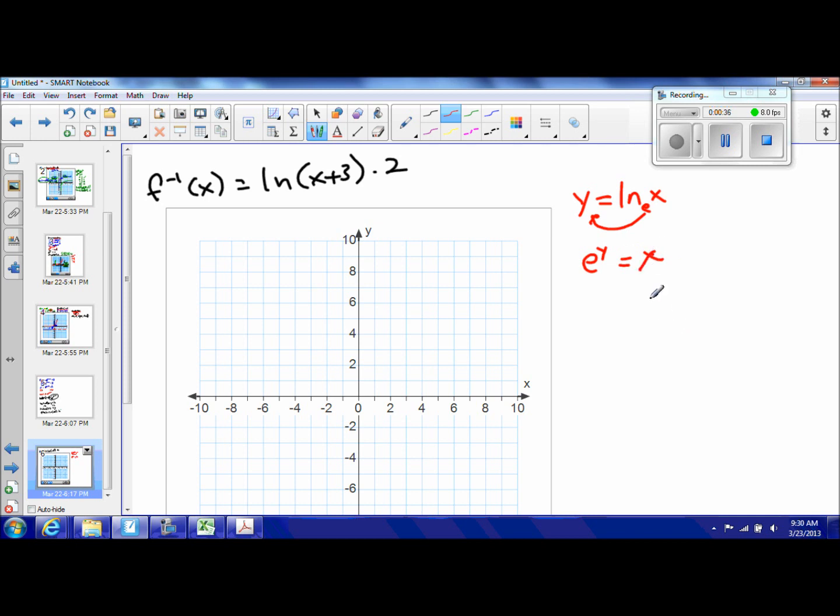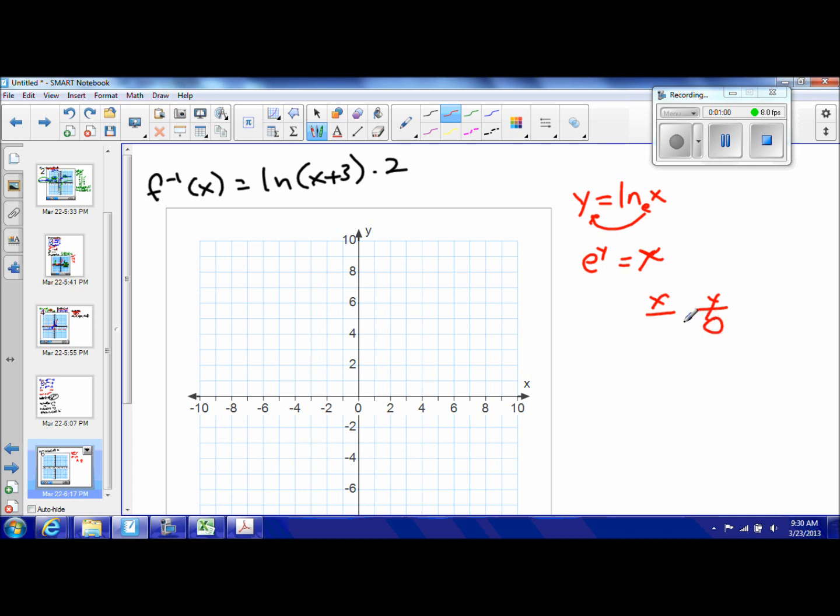And I'll set up my little chart here, x, y. It's easier, again, to graph these logarithmic functions by putting them into exponential form and then starting with y. So I'll use my values of y that I like.